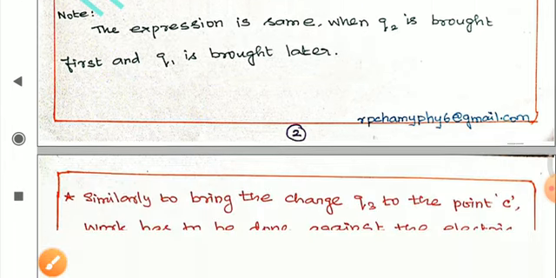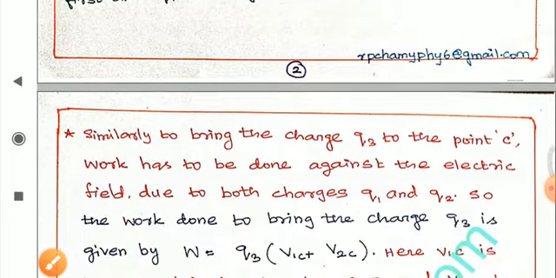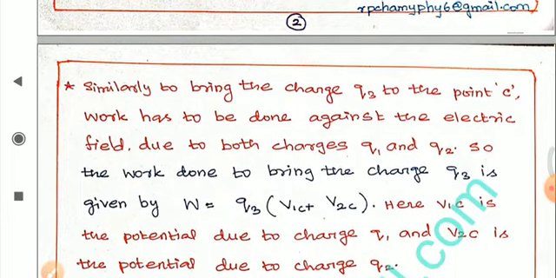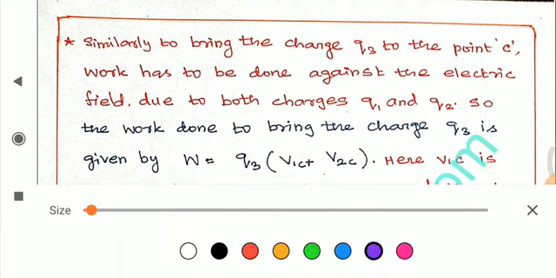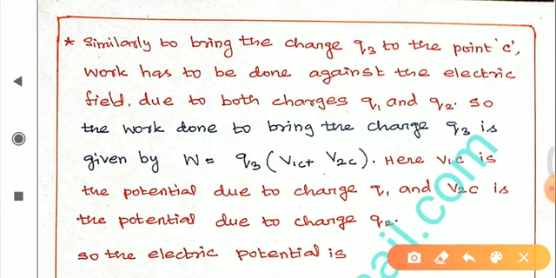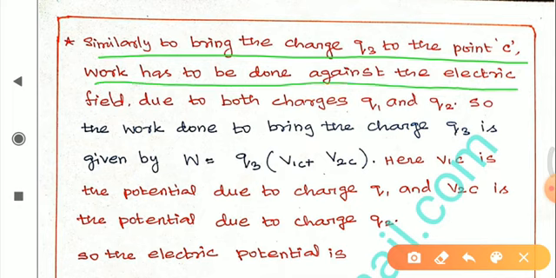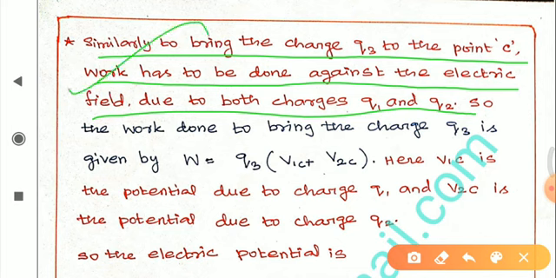Then we are going to bring the third charge, Q3. Q3 means we have to do more work. Already I have told, why do we have to do more work? Because there are already two point charges, the work has to be done against the electric field due to both charges Q1 and Q2, so more work must be done. So what is the amount of work done?